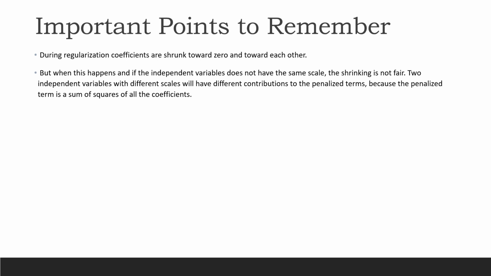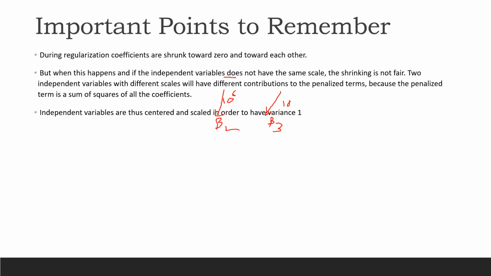So shrinking them using a similar technique may not give us a very good result, because shrinking a million by a certain percentage by a certain method, and using that same way of shrinking a value which is in tens, will not give us good coefficients, say beta 2 and beta 3.